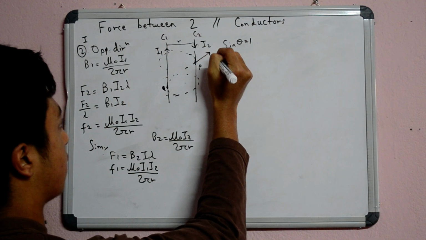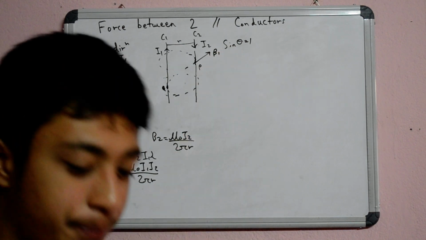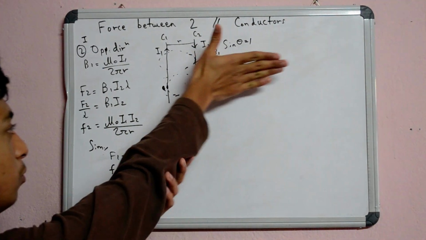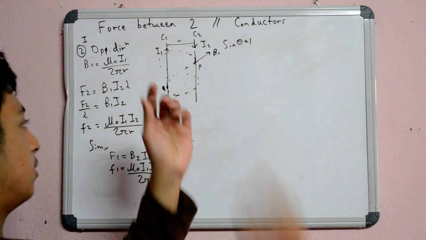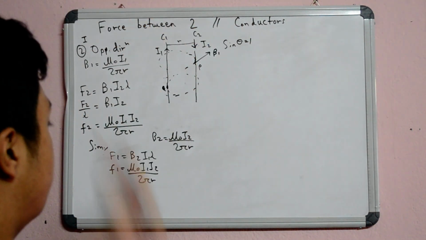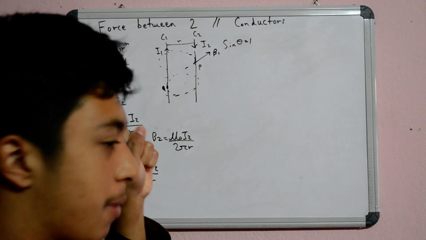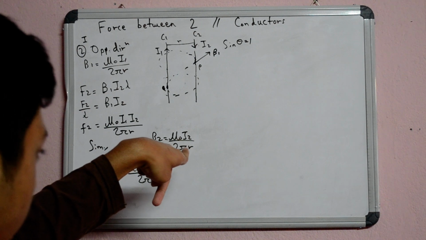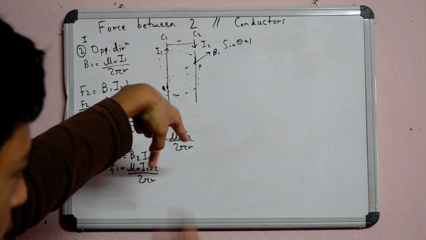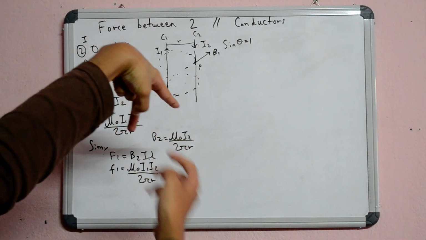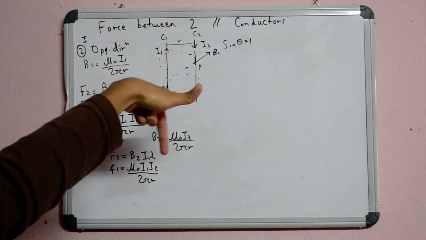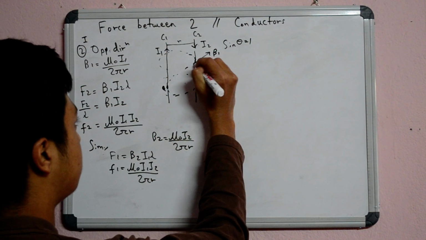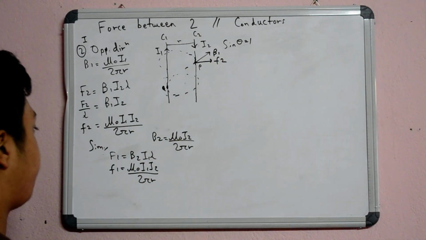No, it's not the same actually, because now the direction of this F2 is this, right? Fleming's left hand rule: the magnetic field goes there, and the current goes down. The Lorentz force should go here, but it goes here, or let's say the force per unit length. So that means this experiences outside.